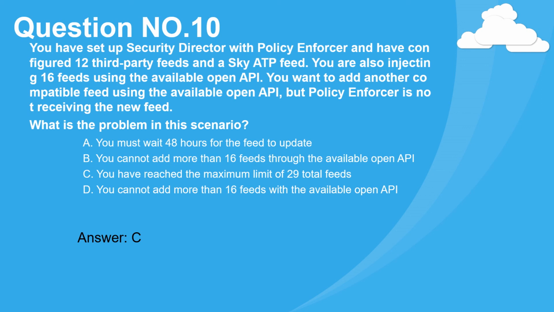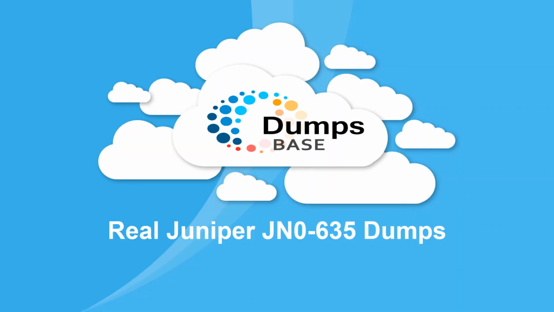A. You must wait 48 hours for the feed to update. B. You cannot add more than 16 feeds through the available Open API. C. You have reached the maximum limit of 29 total feeds. D. You cannot add more than 16 feeds with the available Open API. Answer C.